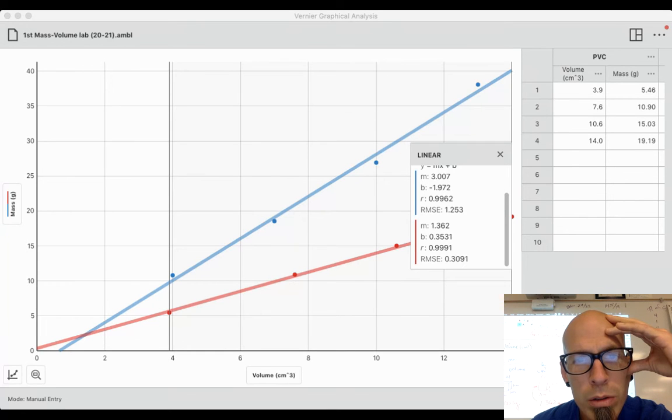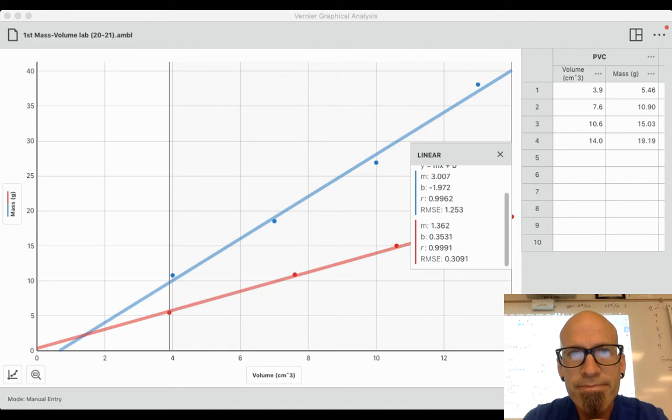Again, more particles in the same size space than over here, which means the particles have to be closer together. To fit that much more mass in the same space, the particles have to be, and a word that was brought up, compacted. The particles have to be tighter, more tightly packed.